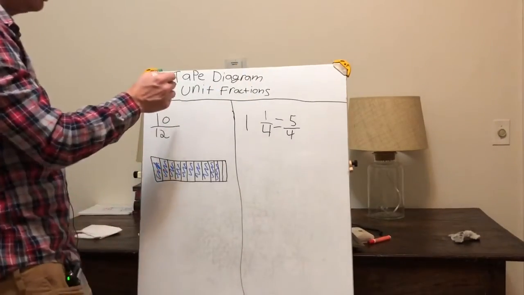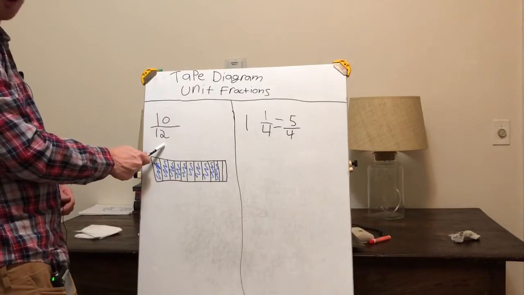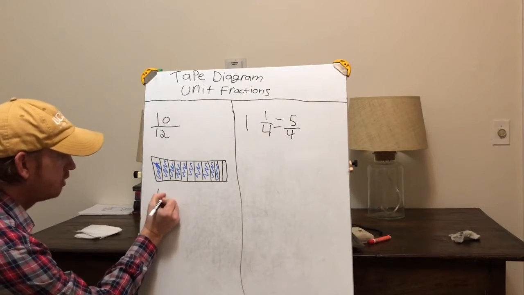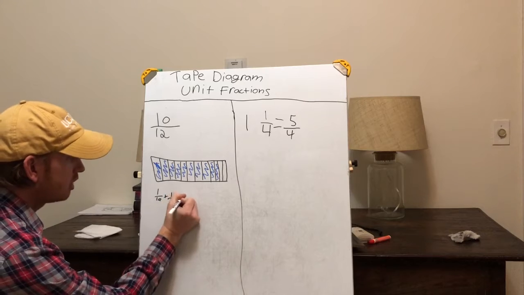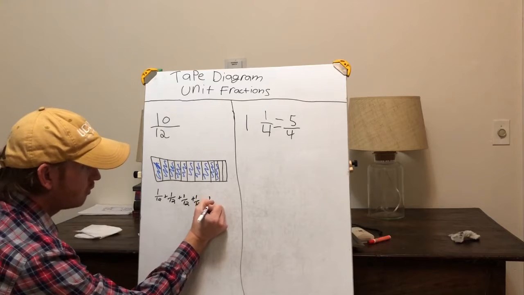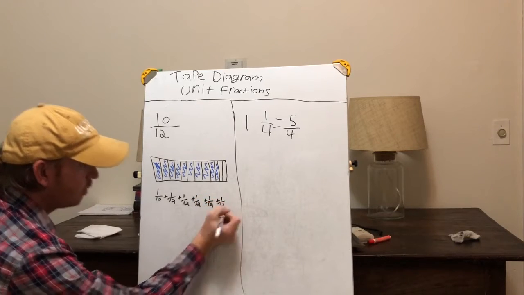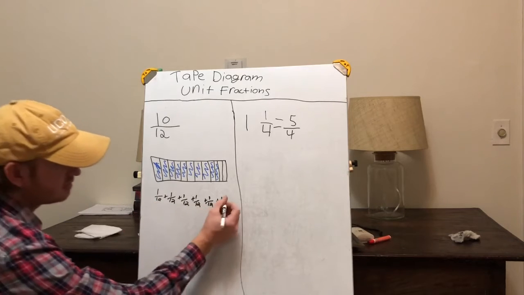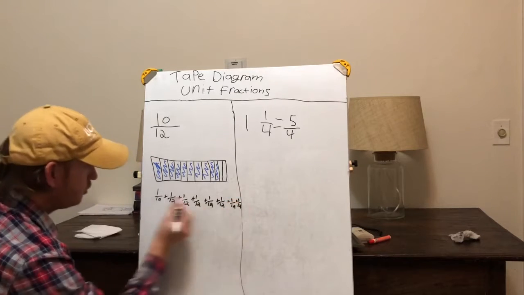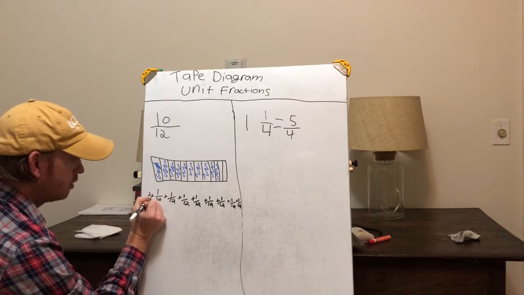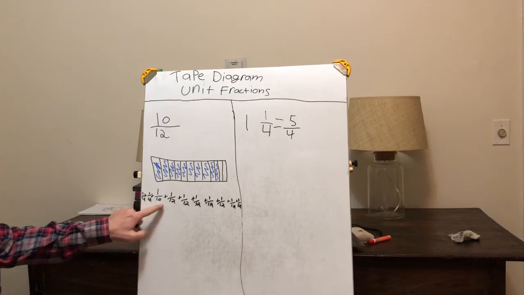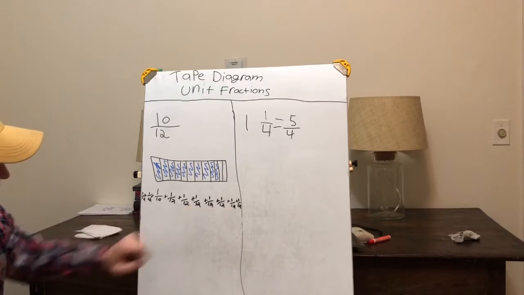Now we're going to use unit fractions. So we have 12ths and we have 10 of them. So it's 1 over 12 plus 1 over 12 plus 1 over 12 plus 1 over 12 plus 1 over 12 plus 1 over 12, and so on, until I just fit it in there. 1, 2, 3, 4, 5, 6, 7, 8, 9, 10.